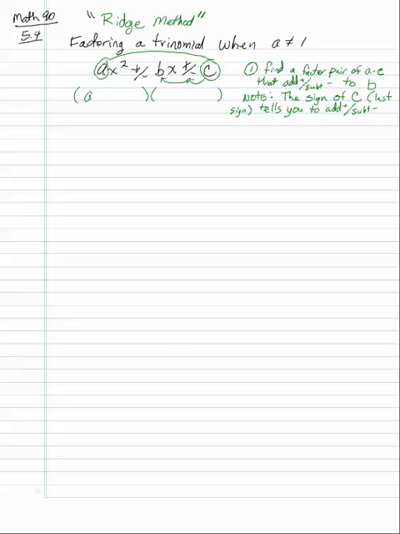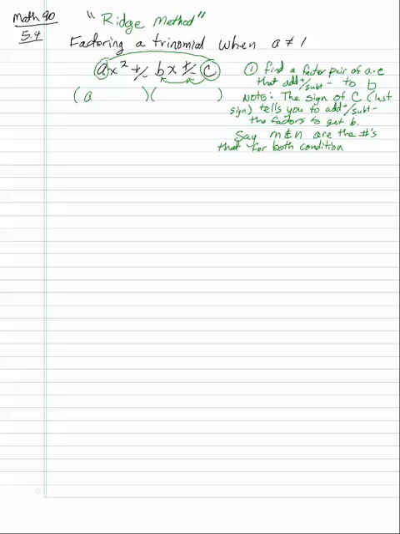It tells you to add or subtract the factors to get B. Okay, so that's our first step. And let's say m and n are the numbers that work for both conditions.